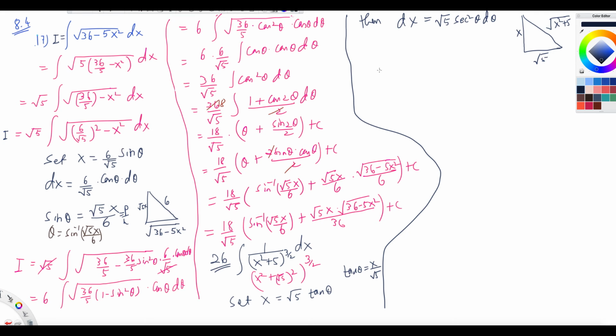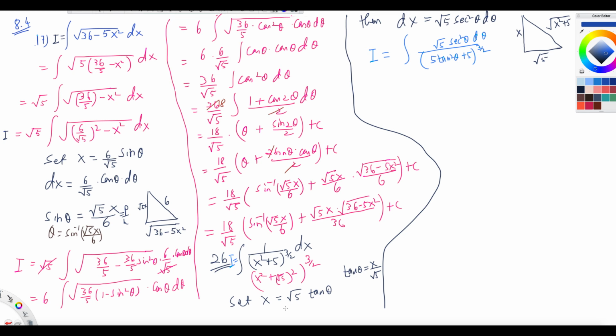Okay, now let us plug that in. Therefore I equals the integral, the dx is root 5 secant square theta d theta, over x squared, we are replacing x by root 5 tangent theta, that will be 5 tangent square theta plus 5, to the 3/2.